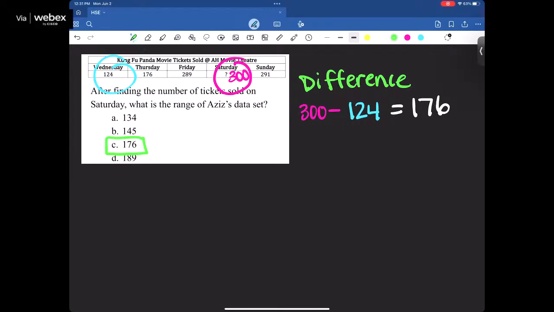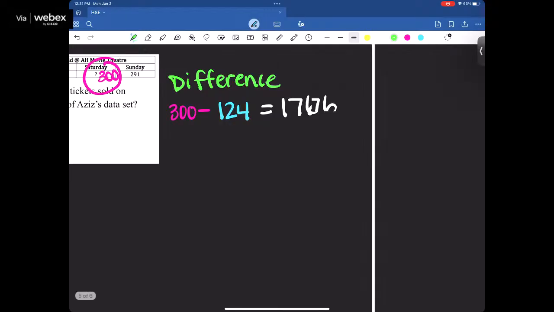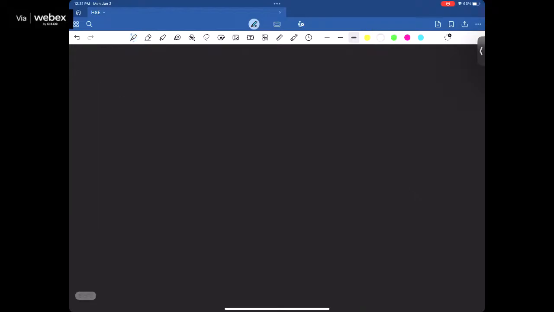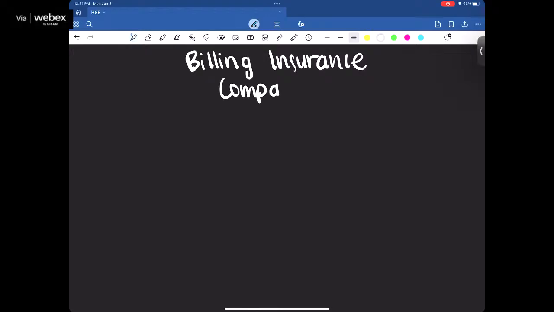It is now your turn to give it a practice. I am going to put a set of numbers on the screen. I know a lot of you like medical billing and coding, so let's talk about billing an insurance company. Okay. So we have Blue Cross Blue Shield.